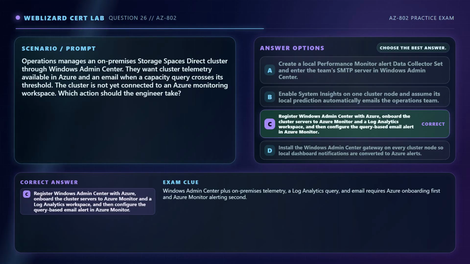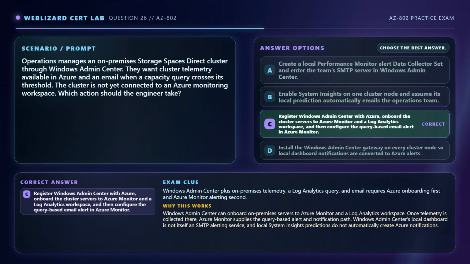The correct answer is C. Register Windows Admin Center with Azure. Onboard the cluster servers to Azure Monitor and a log analytics workspace, and then configure the query-based email alert in Azure Monitor. Windows Admin Center can onboard on-premises servers to Azure Monitor and a log analytics workspace. Once telemetry is collected there, Azure Monitor supplies the query-based alert and notification path.